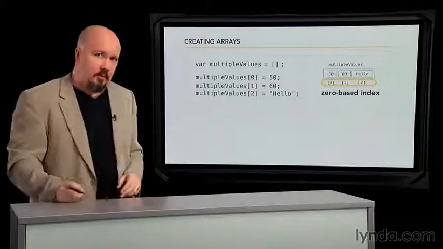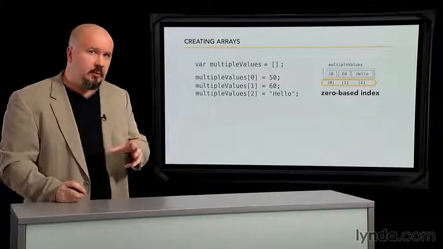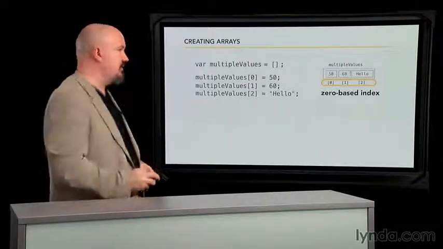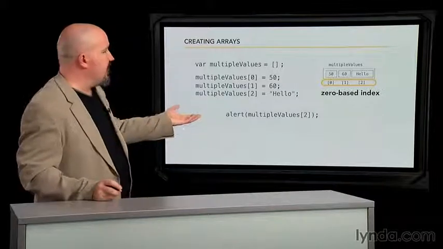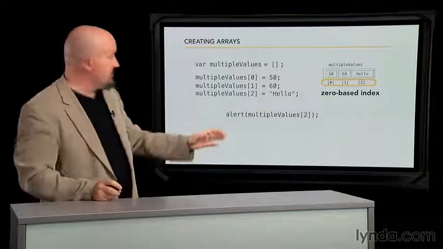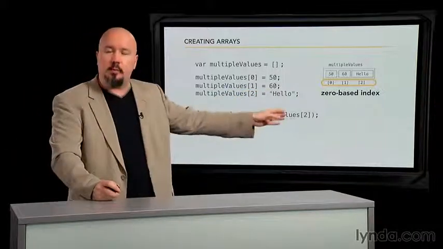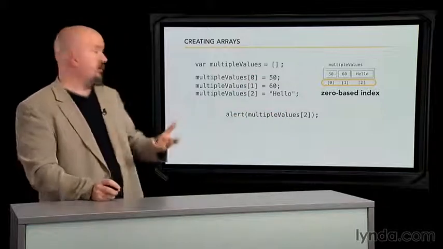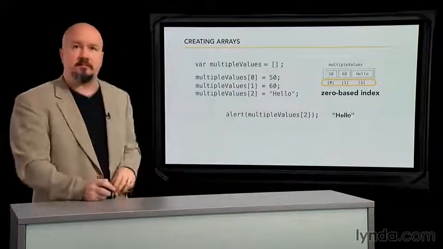It's always the zero-based index. Now what we can then do is use the same format to get to the contents of the array. So if, for example, I want to write out an alert message with whatever's at the second position, I use the square brackets. I use the same way to access them and to set them. And it writes out the word hello in this case.